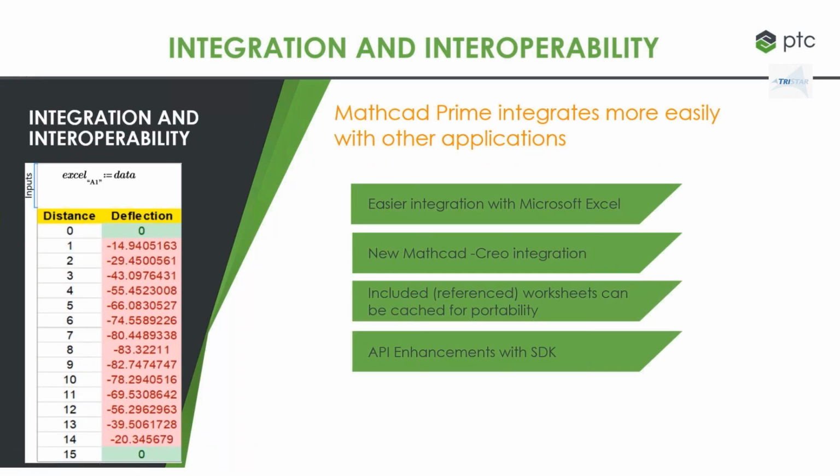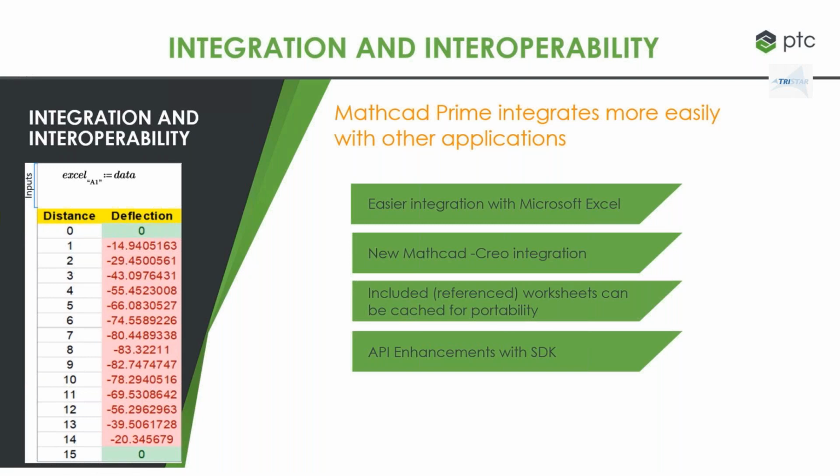The integration and interoperability is really nice. You know, there was integration with Excel in Mathcad 15, but they've really streamlined it in Mathcad Prime. It's really easier to integrate and to use the Excel component to embed Excel data into your worksheets. There's a new Creo Mathcad integration with the engineering notebook that you can only do in Prime.